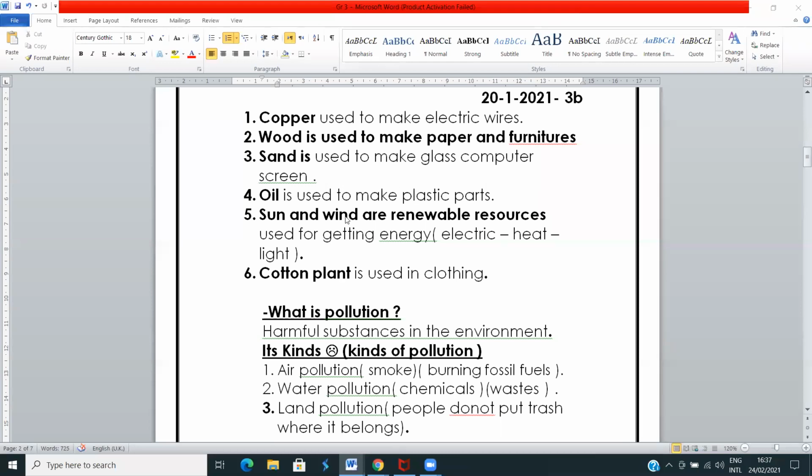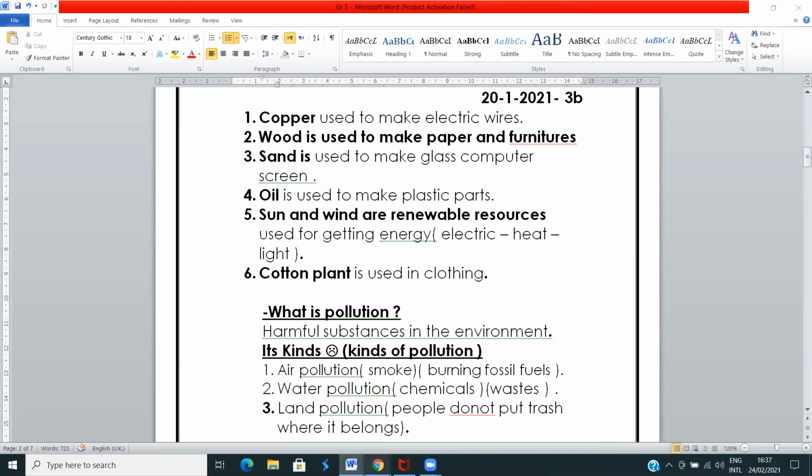Muhammad, pollution. It's in front of you. What's pollution? Harmful. Okay, pollution is the harmful substance in the environment, Muhammad. Harmful substance. No problem.